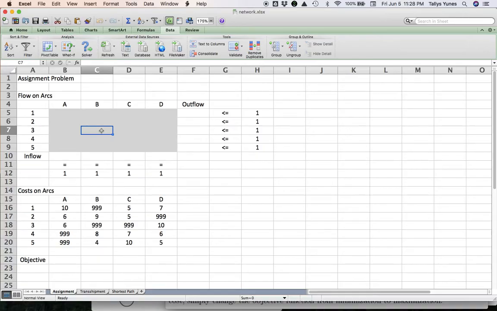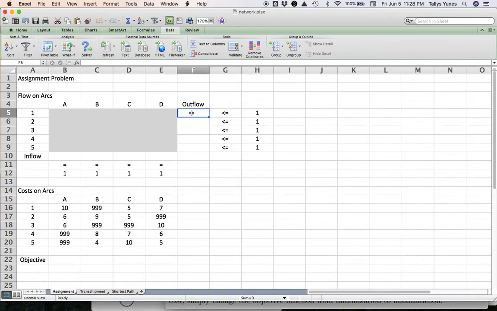Why is that? Well, the reason I'm doing that is so that my life is easier formula-wise for Excel. You'll see why in a second. But because I am creating this X3B and it shouldn't be there, I'm going to have to do something about it later on. We'll see.